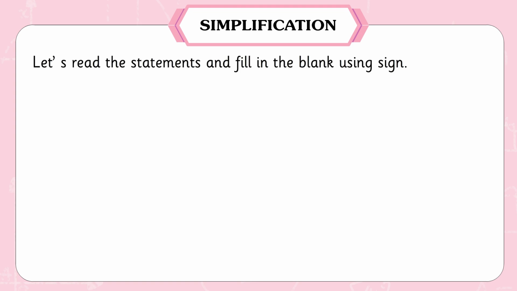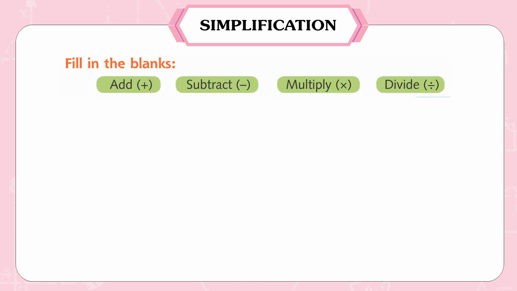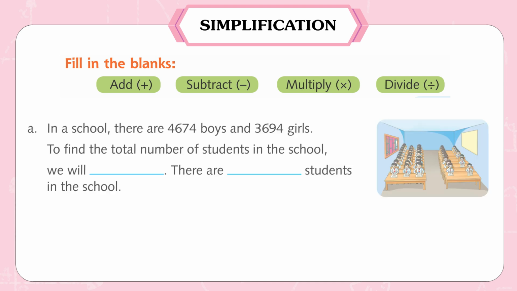Simplification. Let's read the statements and fill in the blanks using sign. Fill in the blanks. Add, subtract, multiply, divide. A. In a school, there are 4,674 boys and 3,694 girls. To find the total number of students in the school, we will dash.